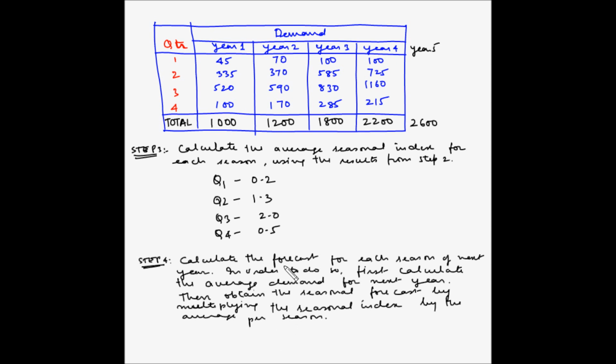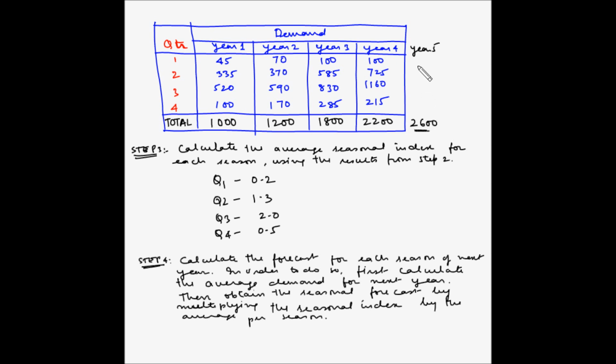So let's go step by step here. Now we have to find out the forecast for each season of next year. So for year number 5, you have to find out the forecast for Q1, Q2, Q3, Q4. Now in order to do that, first calculate the average demand for the next year. So now we know the total forecast for the 5th year.